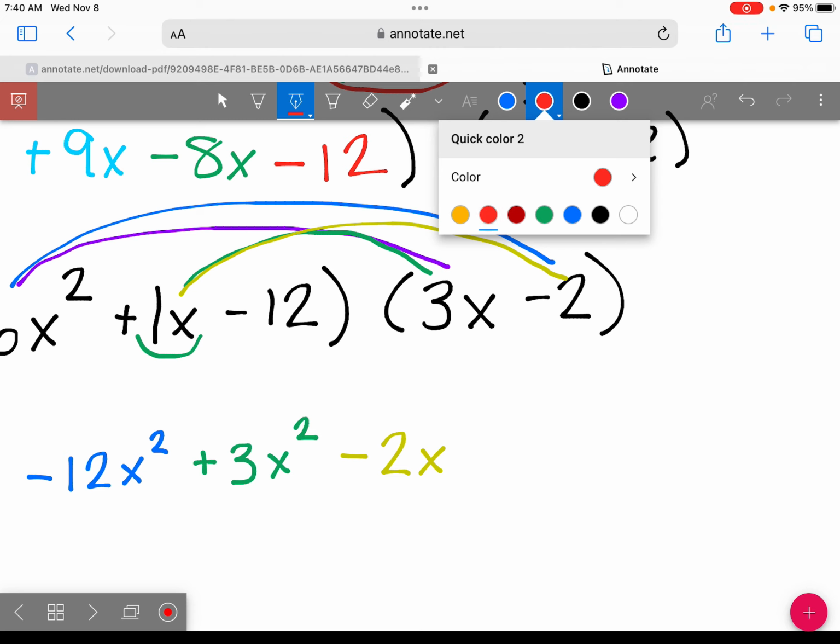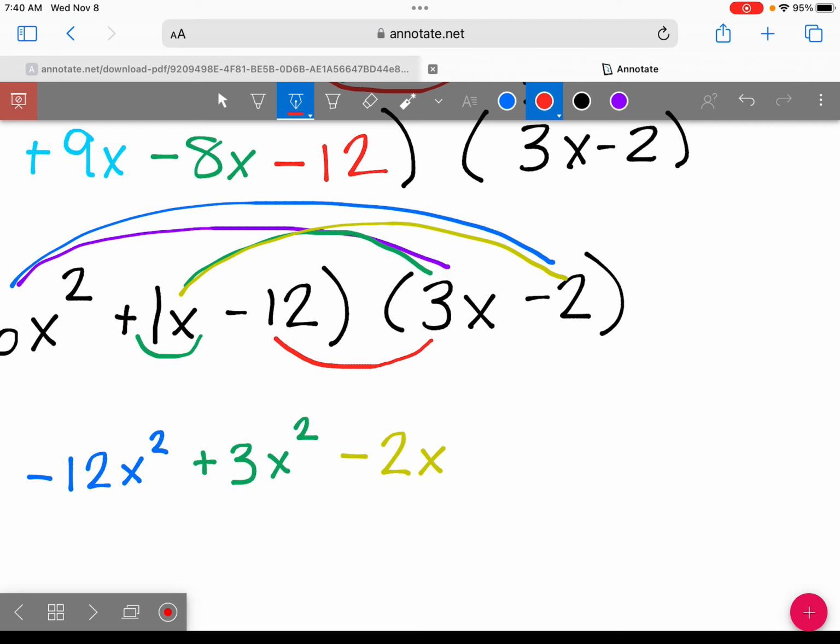So then we're going to take our minus 12 times 3x. And remember, it's okay to use our calculators if we don't remember our 12's times tables. So negative 12 times 3x gives us minus, what? Did I remember 12 times 3?